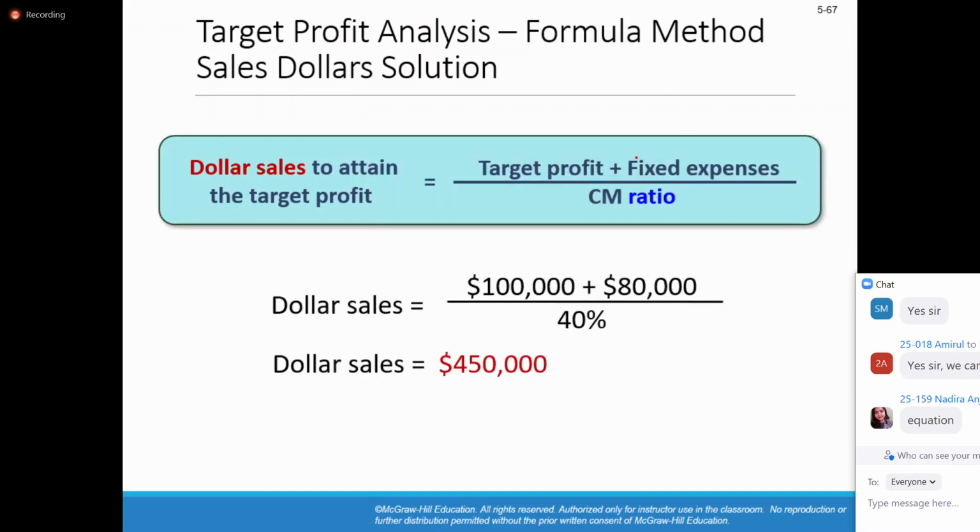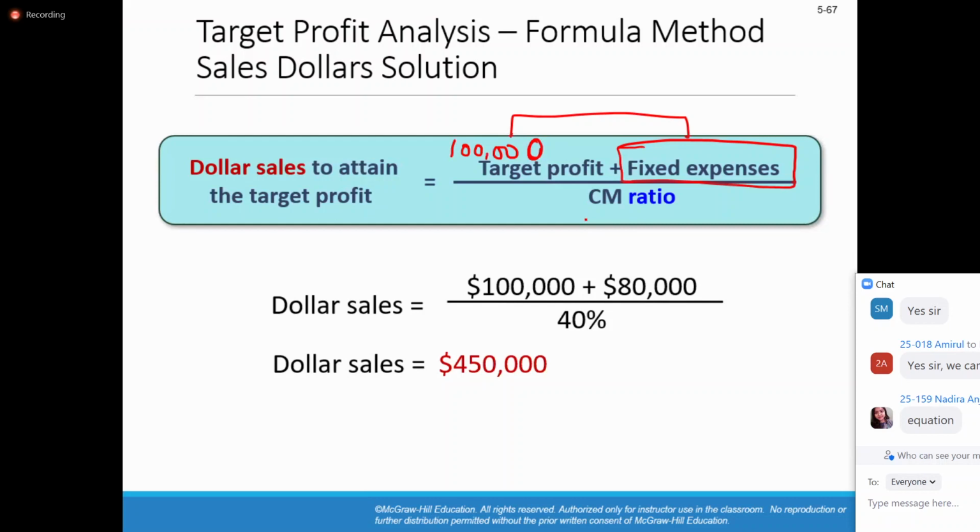Again, remember it was only the fixed expenses part. The target profit was 0, in the break-even case, so we didn't write anything. But now we have a target profit of some positive amount, let's say 100,000. So we would like to achieve this total amount from our contribution margin.